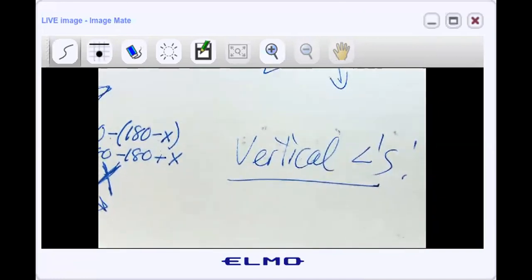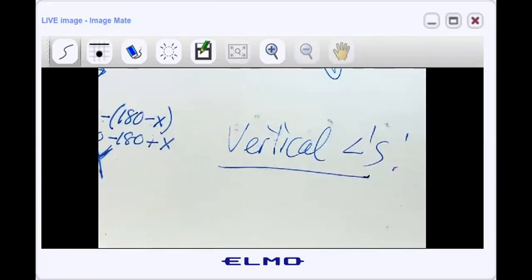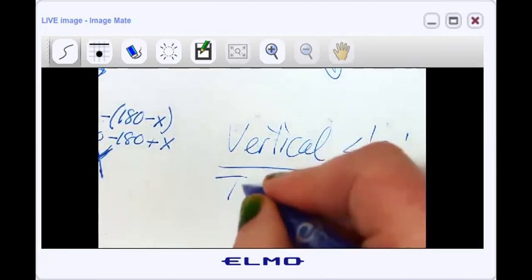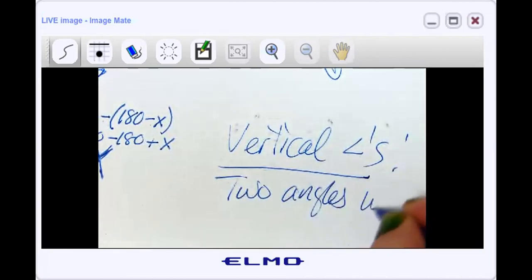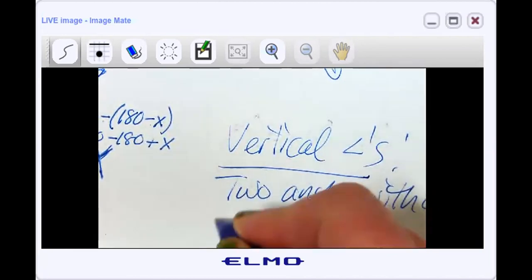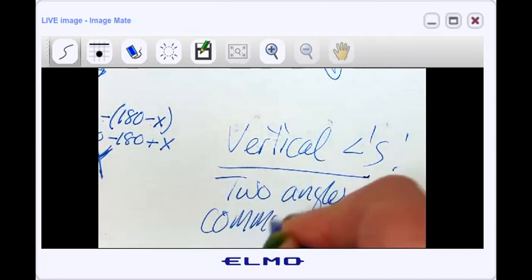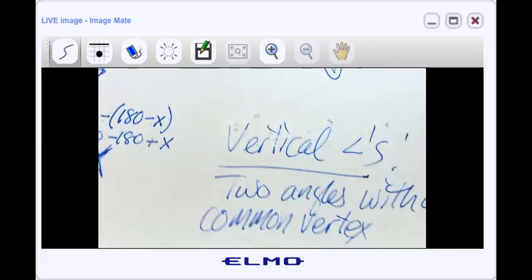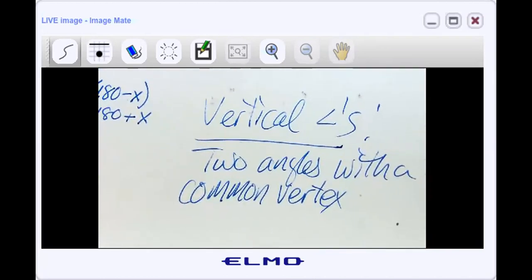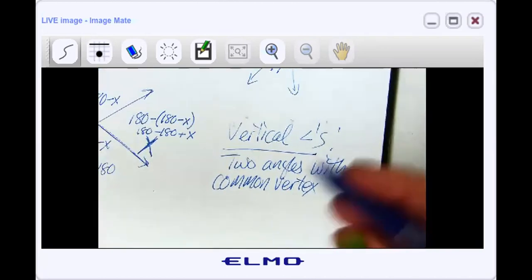They are as follows. Oops, there we go. They are two angles with a common vertex, so that is required. They have to have the same vertex. Two angles with a common vertex. Let me zoom out a bit.